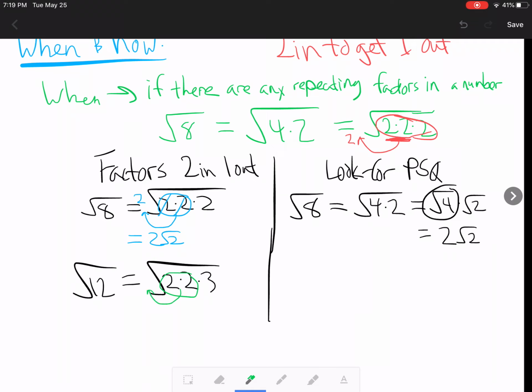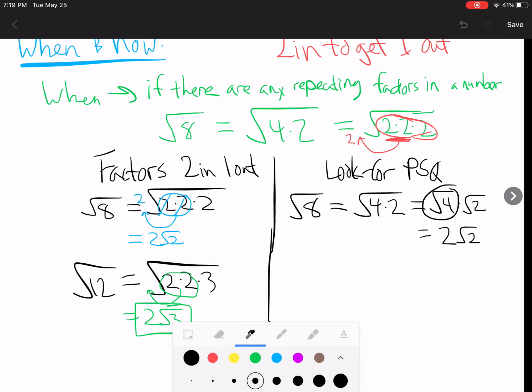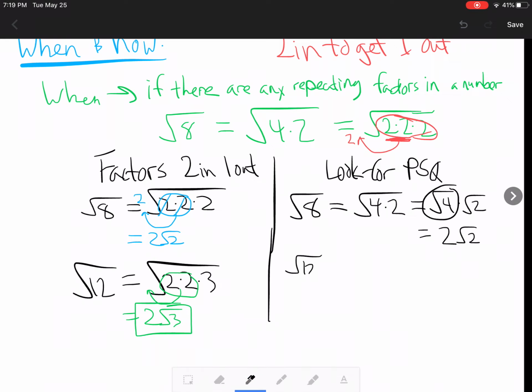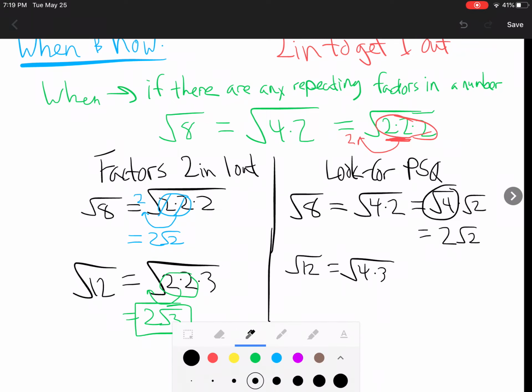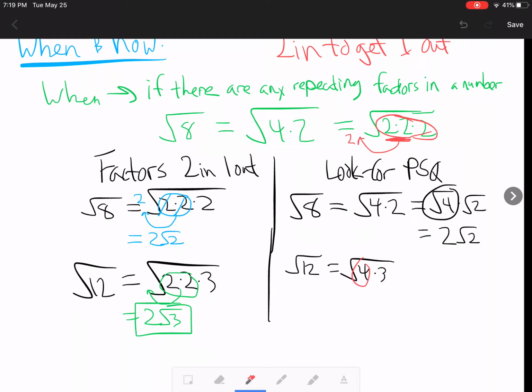And as a result, I end up getting 2 square root 3. And that's as far as my answer can go. Or, if I were doing the perfect square method, again, I'd think of this as square root of 4 times 3. I would realize that this part becomes just good old 2, and I'm left with 2 root 3 again.